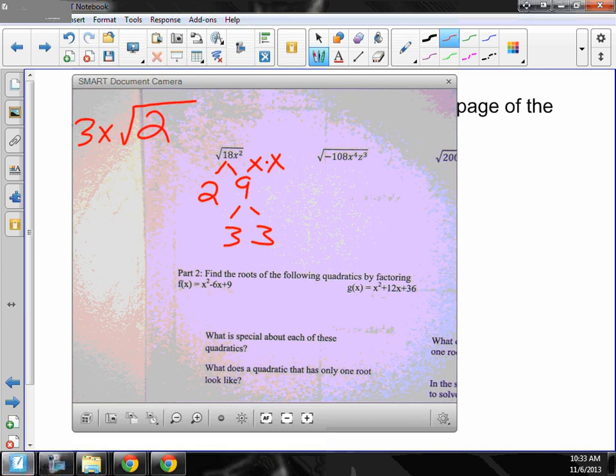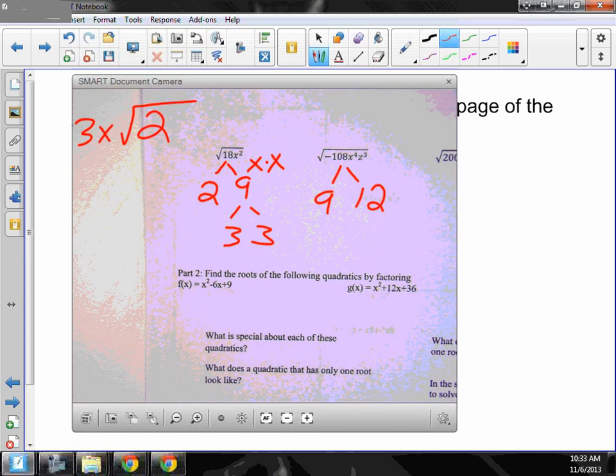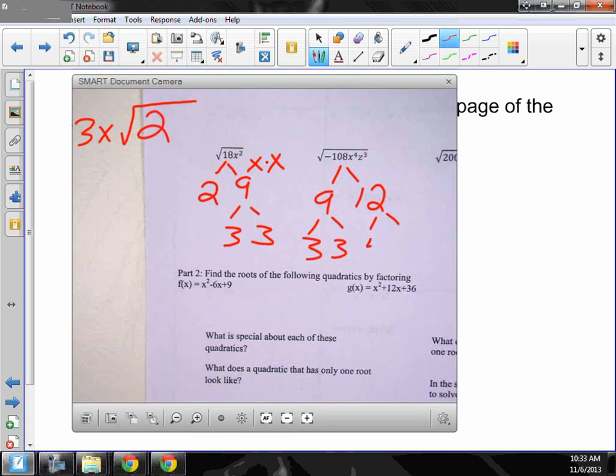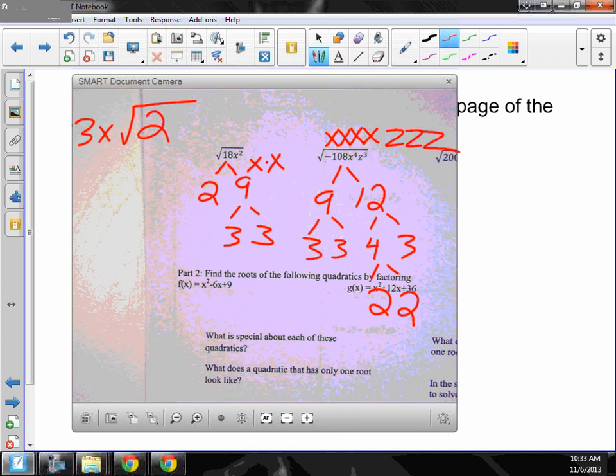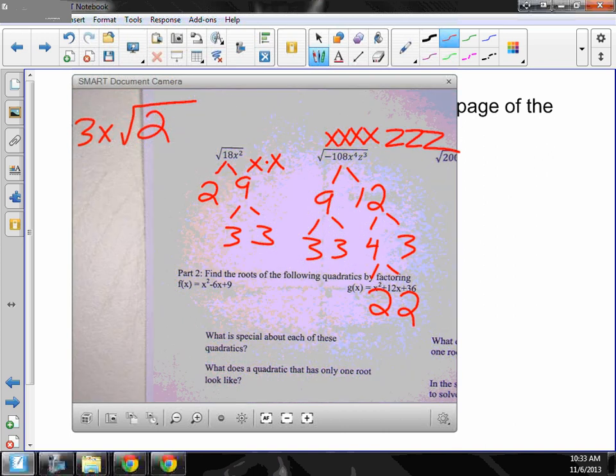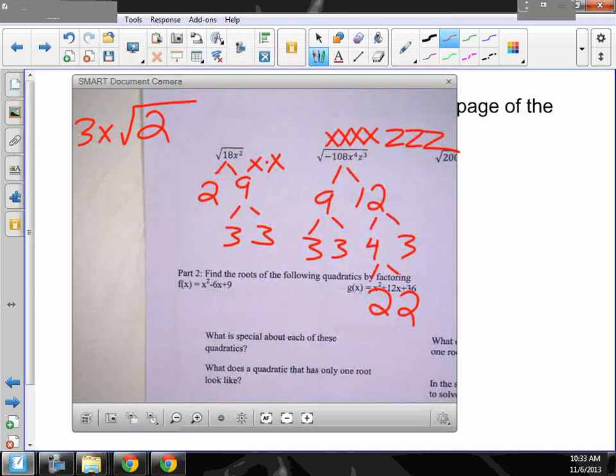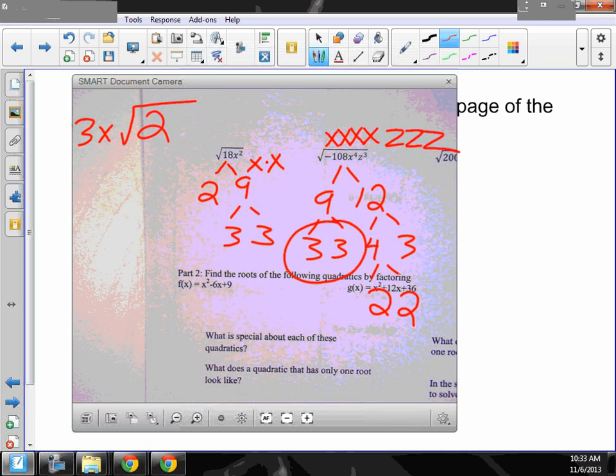All right, the next one, 9 and 12, 3 and 3, 4 and 3, 2 and 2, and I also have x, x, x, x, z, z, z. What can I bring out? Well, I have a set of 3s and a set of 2s.